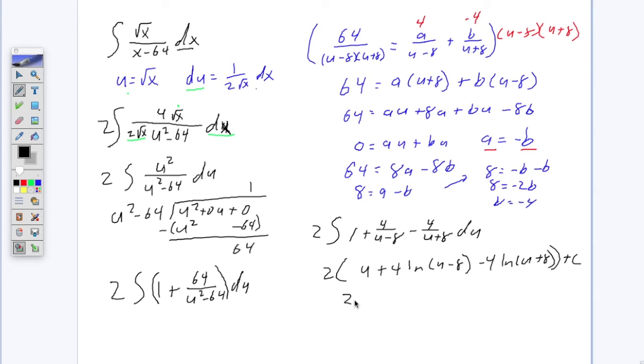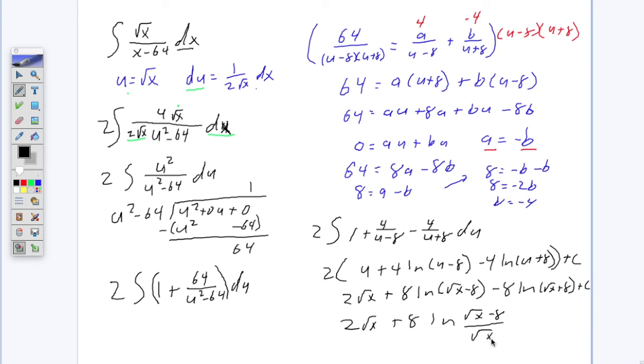So it's going to be 2 square root of x plus 8 natural log of square root of x minus 8, minus 8 natural log of square root of x plus 8, plus C. Because it's natural log minus natural log, we can combine those: 2 square root of x plus 8 natural log of square root of x minus 8 over square root of x plus 8, plus C.